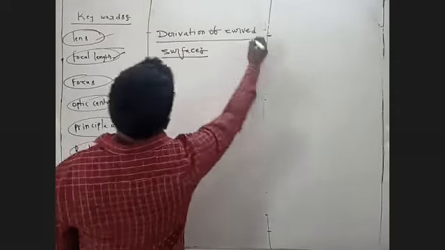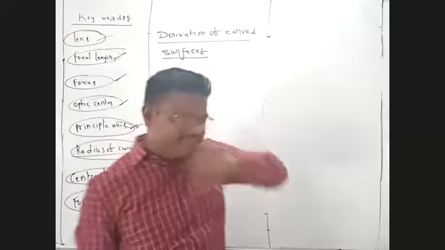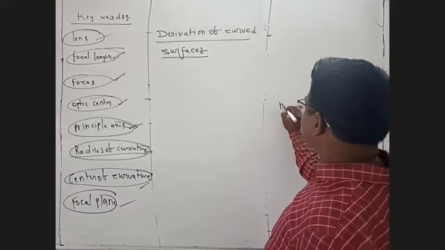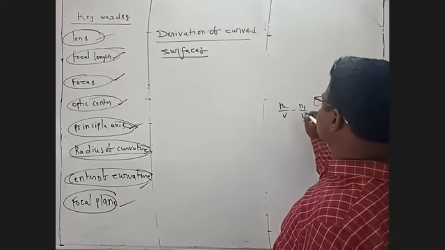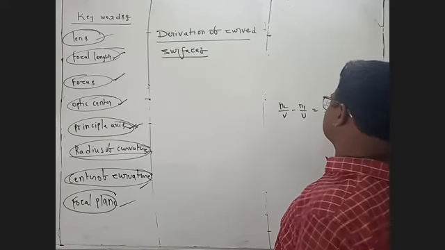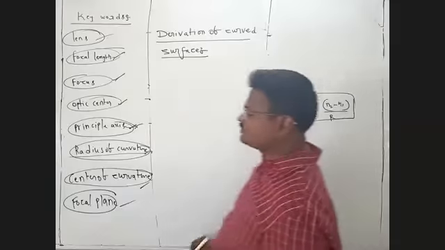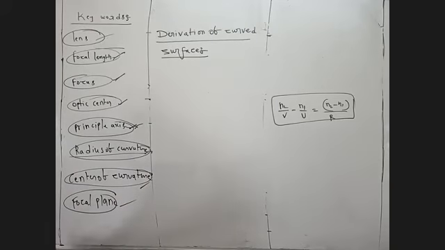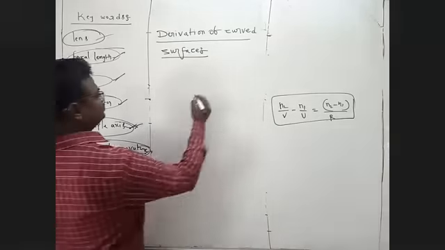Derivation for a curved surface is very simple. And this is what we have to put in this equation: n2 by v minus n1 by u is equal to n2 minus n1 by R. This is the derivation for a curved surface.